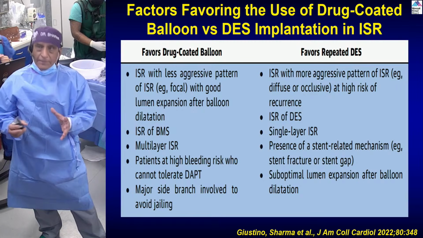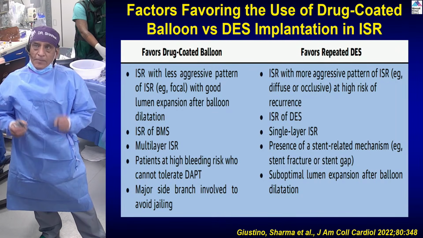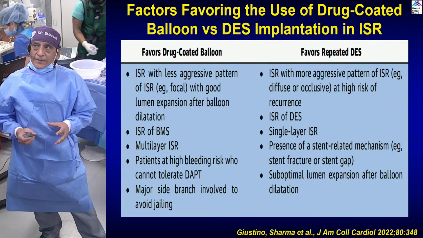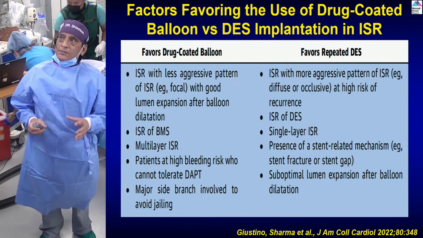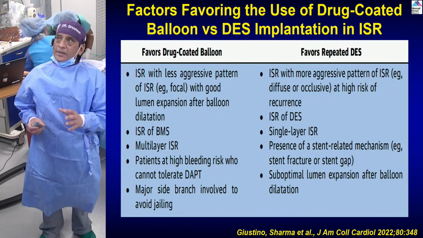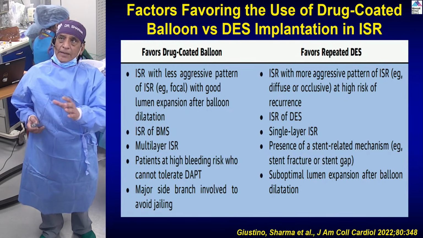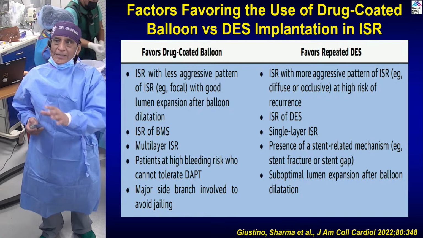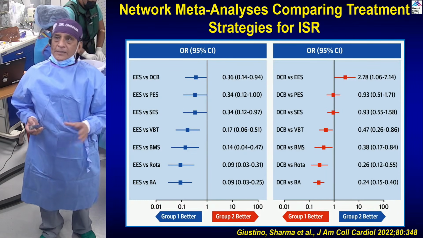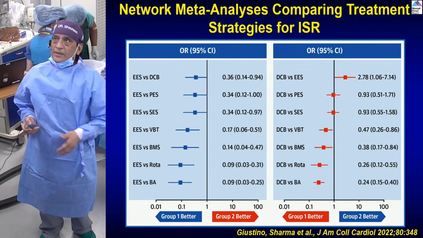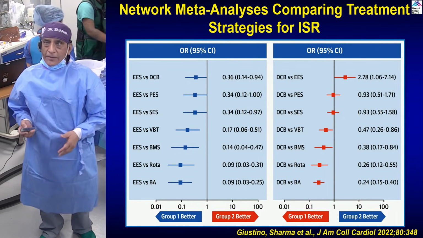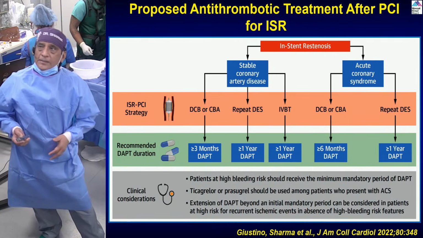Just to sum up a few things, people always ask, which case would you use a drug-coated balloon or repeat DES for? Very simple. Aggressive ISR, repeat DES is better. Drug-coated balloon is for small vessel, bare metal, and multilayer ISR, and where there is a branch issue. And these are the individual comparisons of the drug-coated balloon and various everolimus-eluting stents against other strategies.